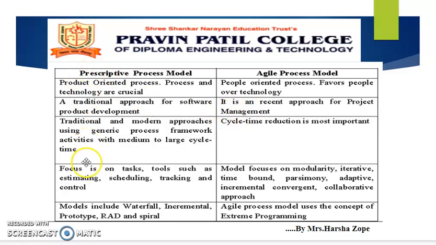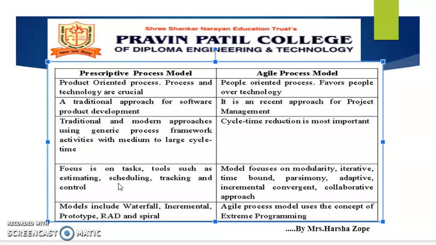In the prescriptive model, traditional and modern approaches using generic process framework activities with medium to large cycle time are used. While in the agile process model, cycle time reduction is most important. In the prescriptive process model, the focus is mainly on tasks and tools such as estimation, scheduling, tracking, and control.